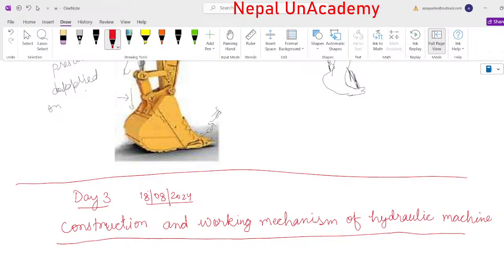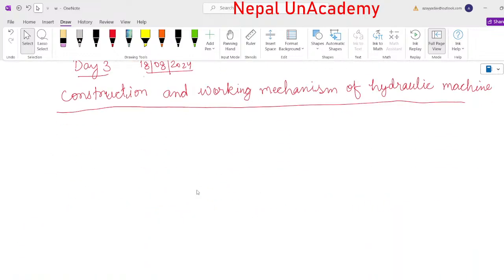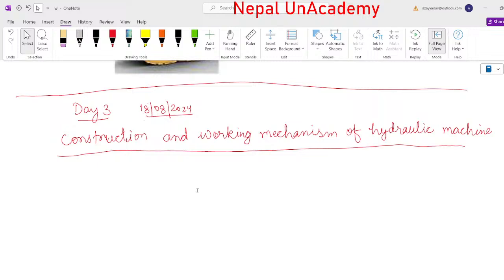A piston is connected to each cylinder in such a way that the liquid inside does not leak. The cross-sectional areas of the small piston and the large piston of the hydraulic machine shown in the figure are A1 and A2. Let me first draw the figure, then we will further describe it.